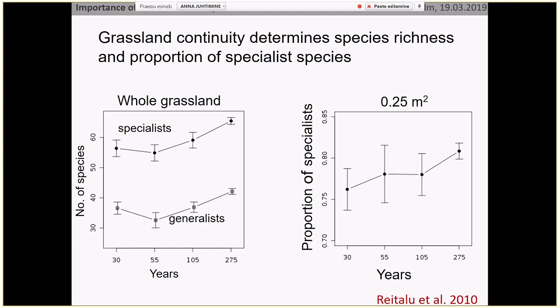So for both specialist and generalist species, the number of species was higher for the older grasslands, meaning that species actually take a long time to accumulate in the habitats and stay there. And they stay there if they slowly accumulate over not only years but even centuries.